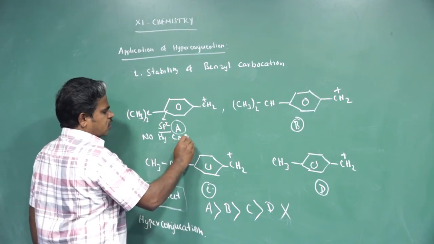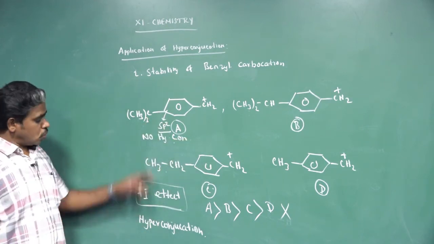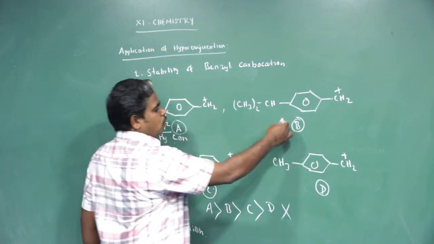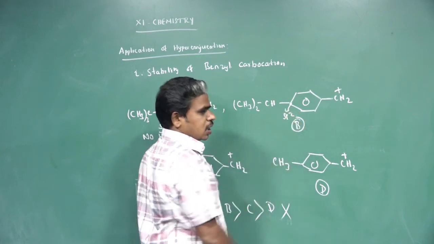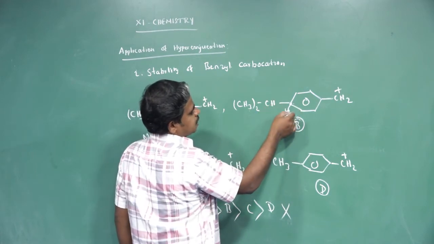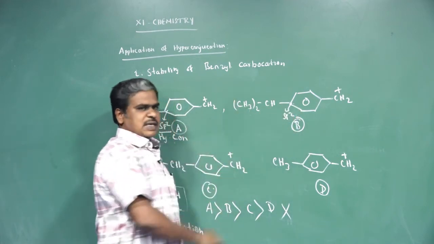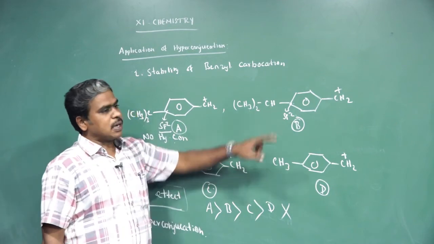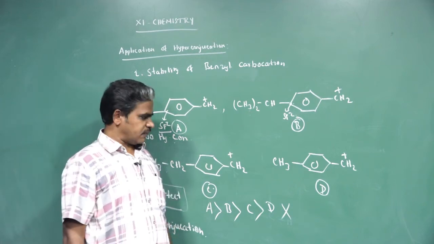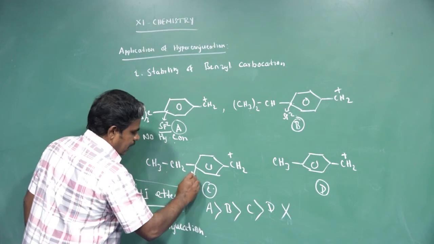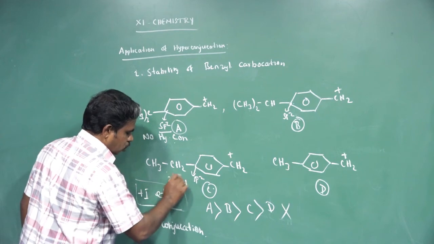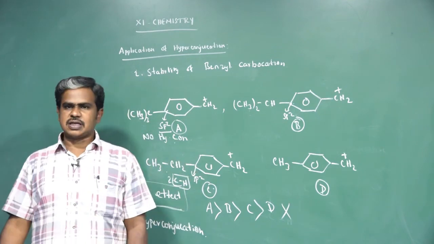So A is the least stable. In the second one, adjacent to the sp2 hybridized carbon there is one CH group, so one hyperconjugative effect is possible. In the next, there are two C-H groups, so two hyperconjugative effects are possible.